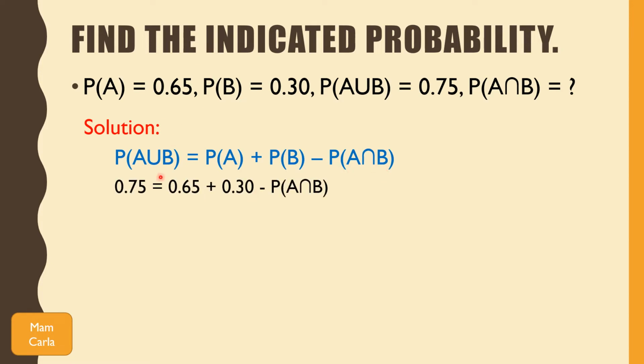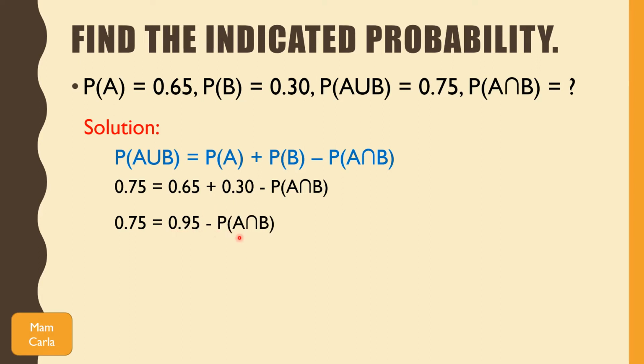So we just substitute all the values: A union B, which is 0.75. Probability of A is 0.65. Probability of B is 0.30. And the unknown value, which is the probability of A intersection B. Simplifying by adding 0.65 plus 0.30, we have 0.95.